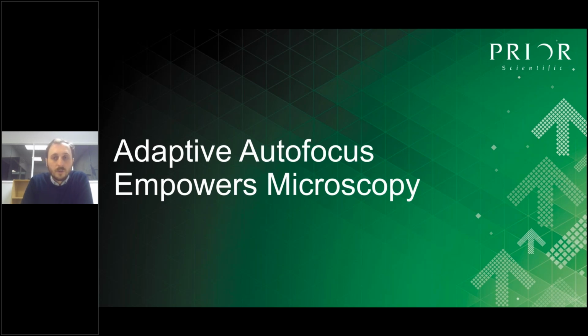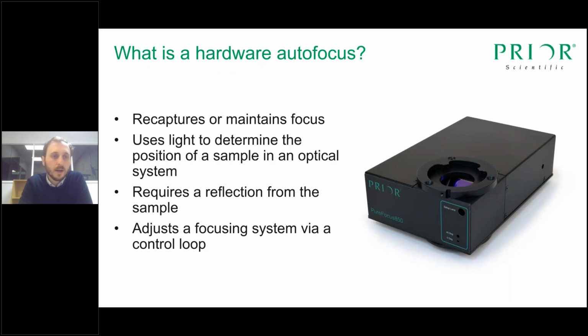So just to start off then, what is an autofocus, or what can it do for you? As the name suggests, it recaptures or maintains focus automatically without the intervention of a microscopist or other user. But in contrast to contrast-based autofocus, which microscopists may be more familiar with, a hardware autofocus actually uses light rather than the sample image itself to determine where focus is.